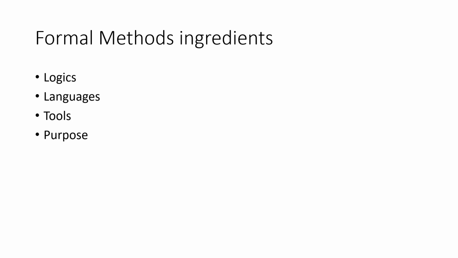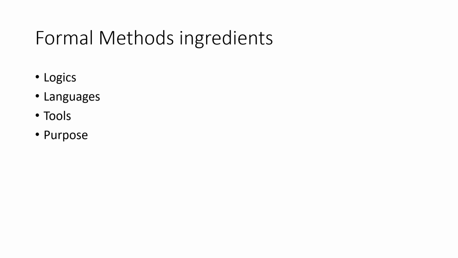So the ingredients are this mathematics that we see in there. For computer science, it's a lot based on logic. But we don't only need the logics. We usually also need languages to express things in this logic, right? So many of you know maybe the Boolean or propositional logic, where you have variables A, B, C, and then you have some operators to connect them to actually build some sentences.